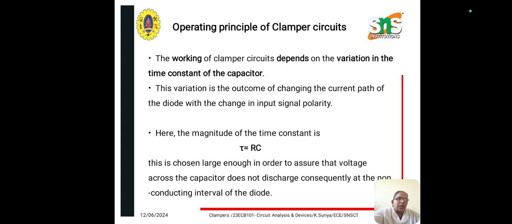So this is chosen large enough in order to assure that the voltage across the capacitor does not discharge consequently at the non-conducting interval of the diode, but such a discharge takes place only when the load resistance is very large. This permits the capacitor to take larger discharge time. Conversely, a small value of the capacitor is chosen so that it will charge rapidly at the time of conduction of the diode.